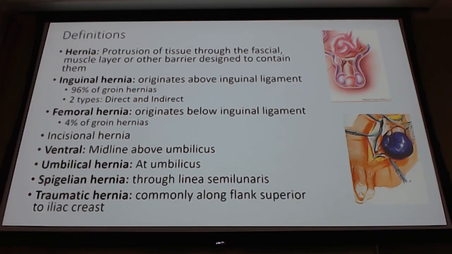And then your traumatic hernias, as the name suggests, come from a traumatic experience. Most of the time, it happens along the flanks, where the muscle is the weakest, right along the iliac crest. Basically, there was enough abdominal force that caused the muscle to be ripped from the bone. I'll show you pictures of those.